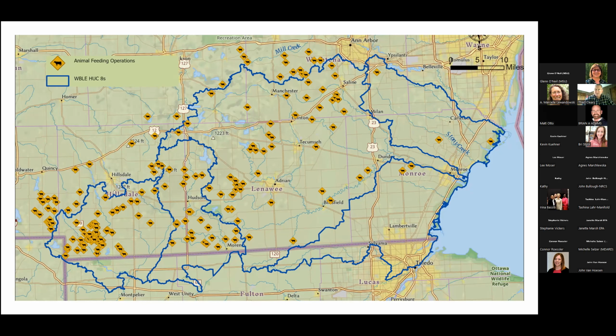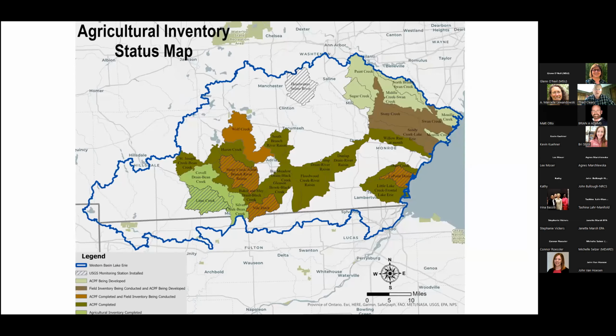inventory process. Here's just a slide that kind of shows where we're at in the Western Lake Erie Basin of doing this process. We have the watersheds up there in the light green and brown in the northeast corner of the watershed. There's currently a watershed management plan being developed by the conservation districts in those watersheds.